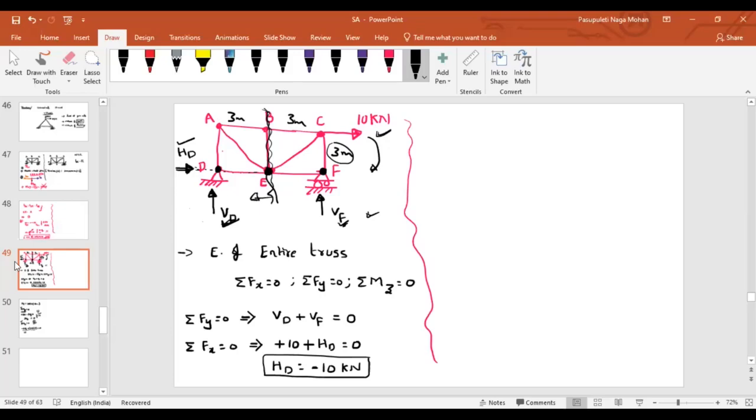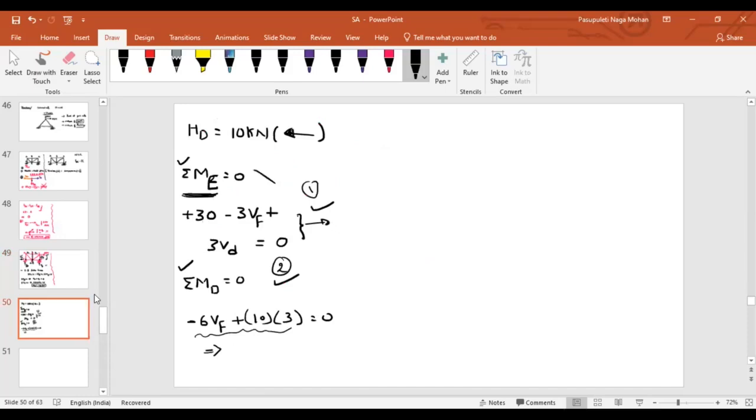As they will not generate, they will not come into the picture, and the other unknown we can easily find out. So whenever you take summation of moments equal to 0, make sure that you can find out one unknown. In this case, at E, I won't prefer; instead I will prefer either point D or point F. Both are fine.